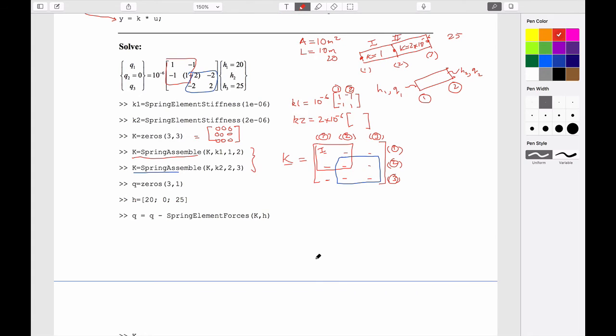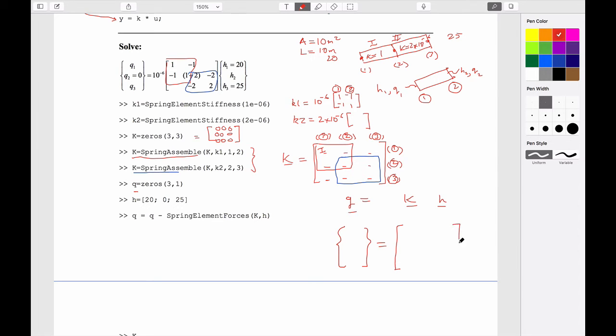And so now what we want to do is we want to solve Q equals KH. And so now we know that Q is going to be a 3 by 1 matrix.